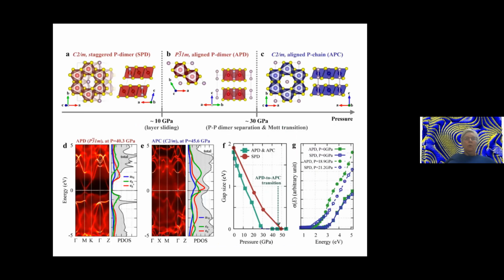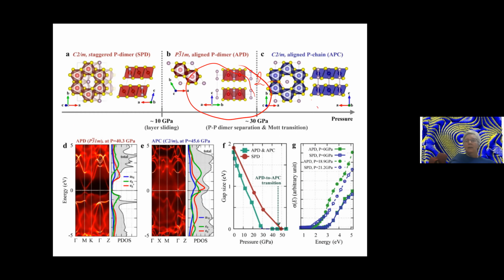Well, what does theory say? Well, theory worked out how the band gap closes as well. Starting with the C2/m structure, that's a staggered phosphorus dimer. They show that at 10 gigapascal, which is where we have sliding and a very subtle rearrangement of layers, we end up in this aligned phosphorus dimer phase.